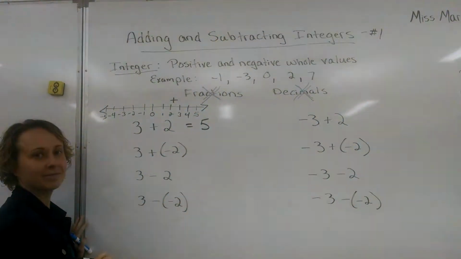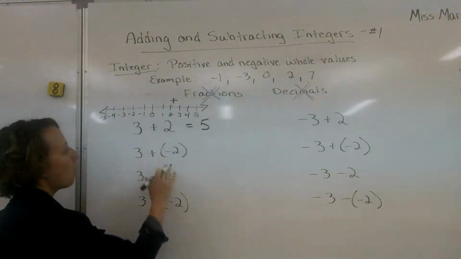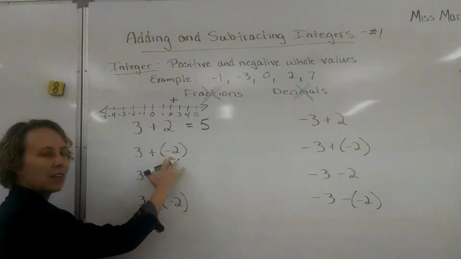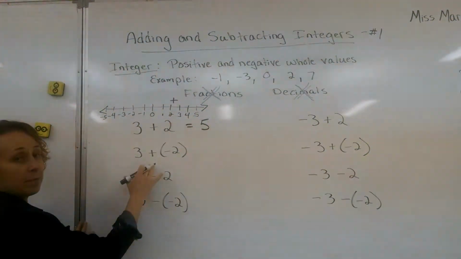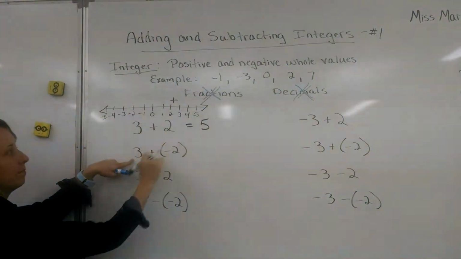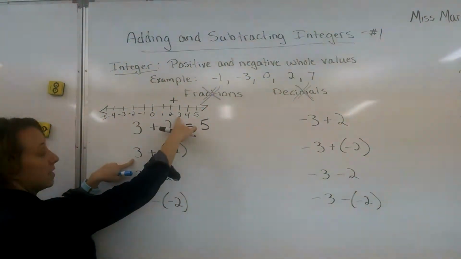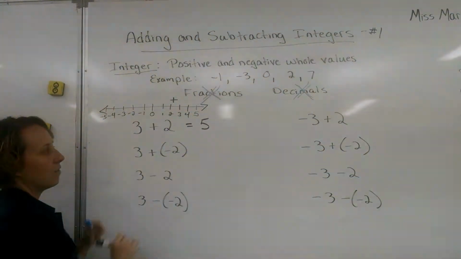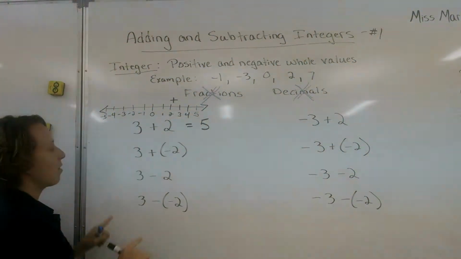Fair enough, right? Okay. What if I was adding again, but I was adding a negative number this time? Same problem. I'm still starting at 3. 1, 2, 3. I'm in the same place. But this time I'm going to add a negative number. Watch how that works.